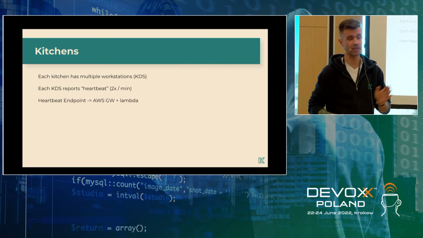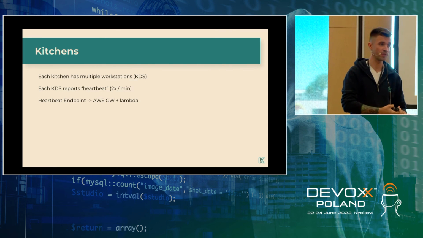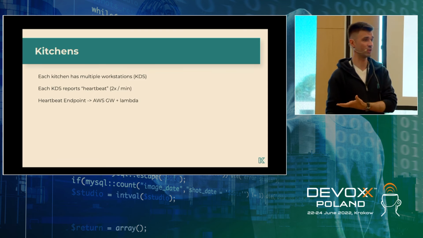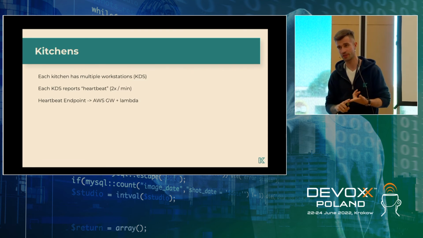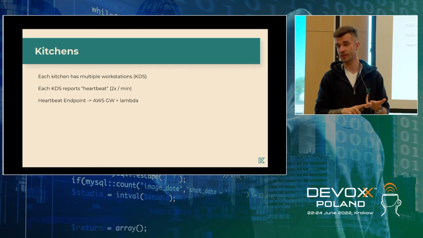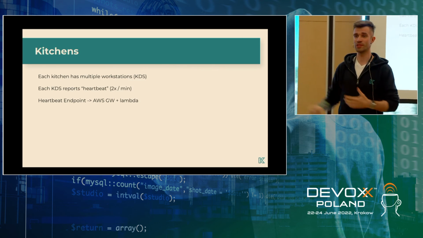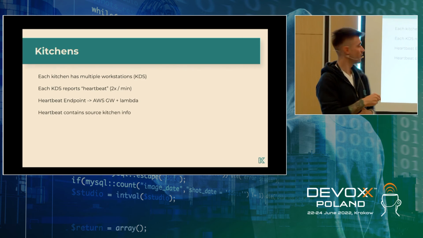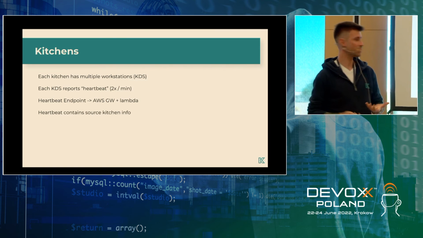This AWS gateway took those pings, and Lambda produced a message to the topic. Since we already have a message to the topic, which contains the information about timestamp and the kitchen and maybe the workstation ID, we have what we want, right? We can aggregate, we can process, we can produce metrics. So this heartbeat contains only kitchen info because we only need the resolution of kitchen.